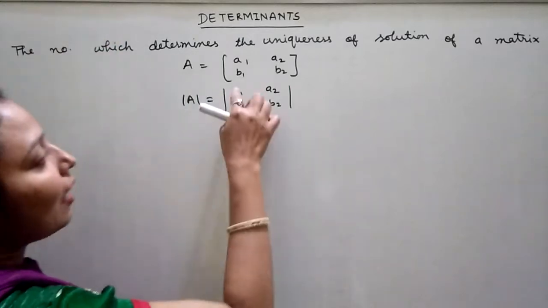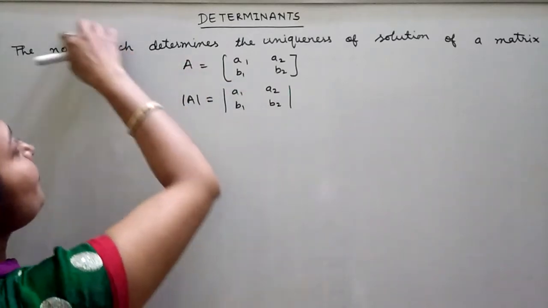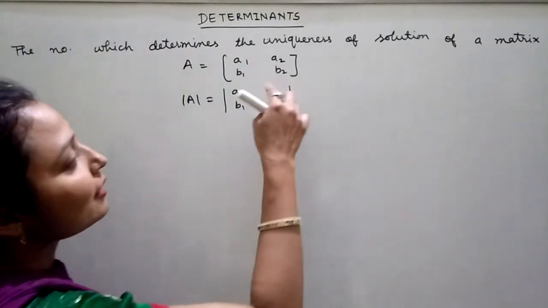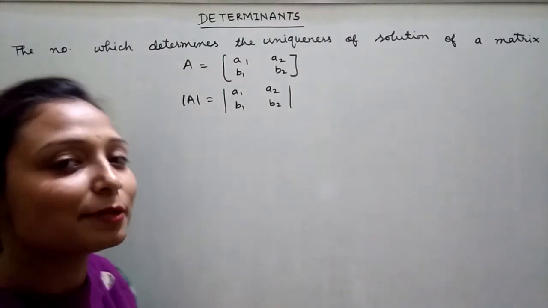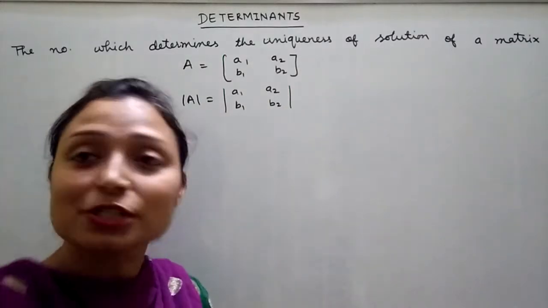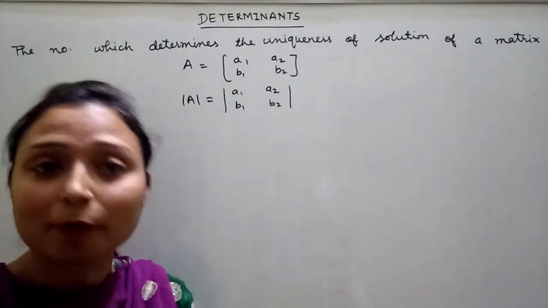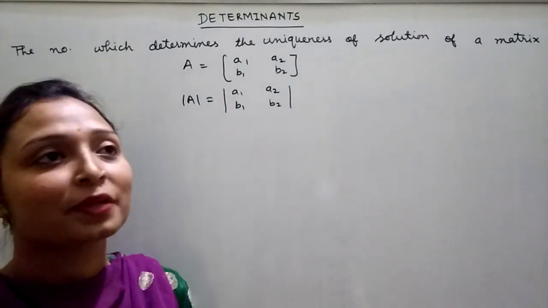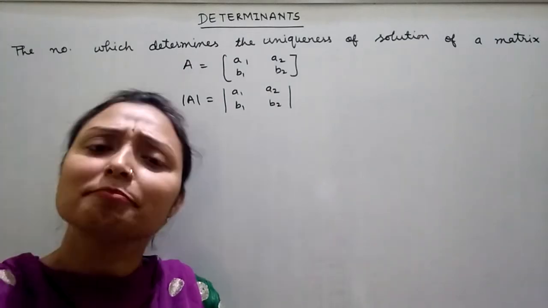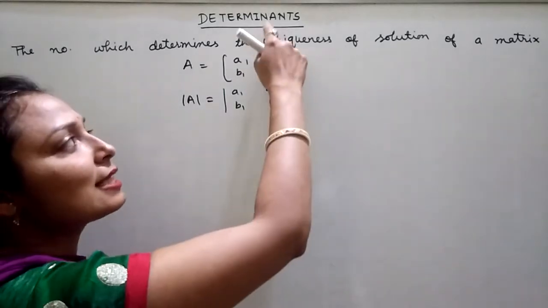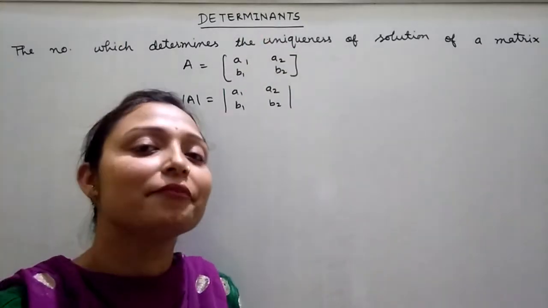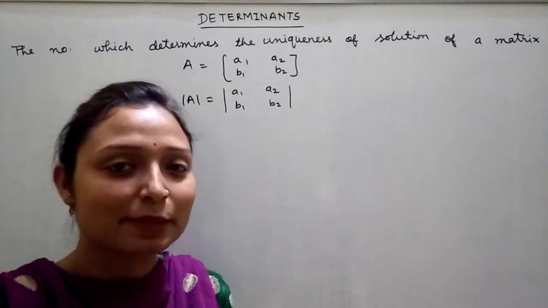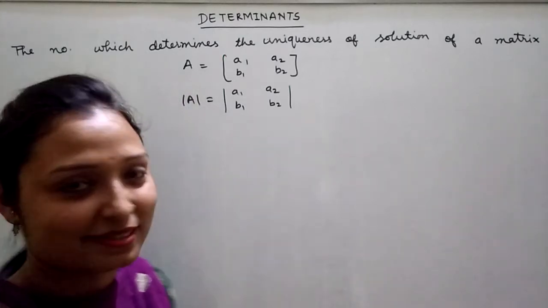The number we get after solving this, which determines the uniqueness of the solution of this matrix, is called the determinant. It is used in science, economics, engineering and accountancy, in many fields. It is a very easy concept related to matrices, and it is a favorite topic of CBSE board examiners.